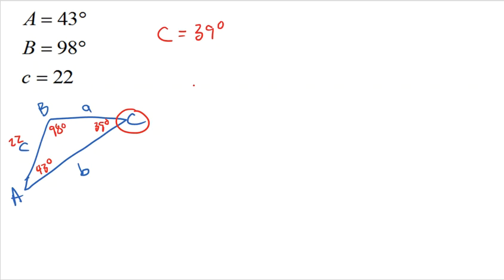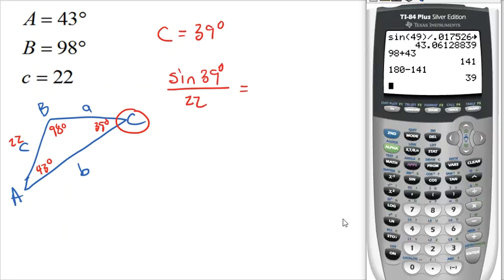All right, now I can go ahead and find that super special magic ratio. Sine of 39 degrees divided by the side across from it, 22, is my magic ratio. So sine of 39 degrees, close that parenthesis, divided by 22, not 222, 22. There it is, 0.0286.